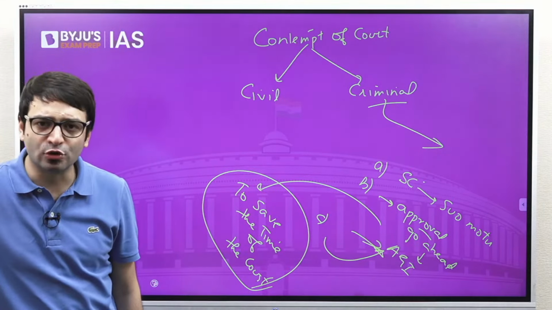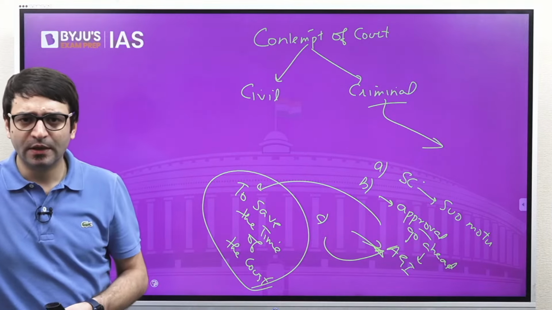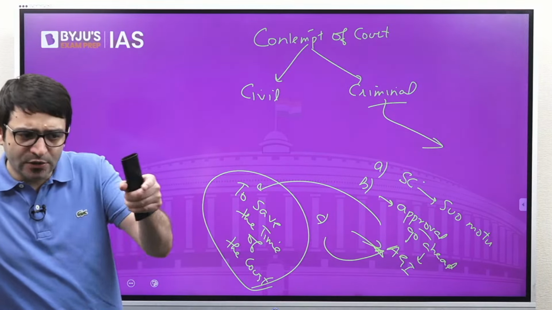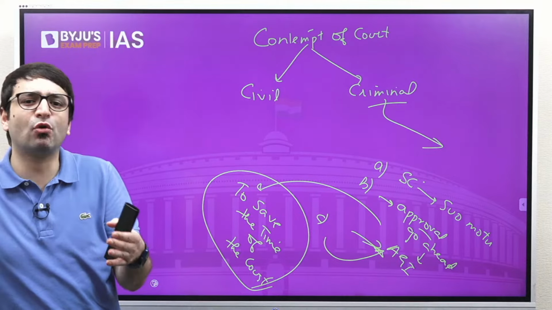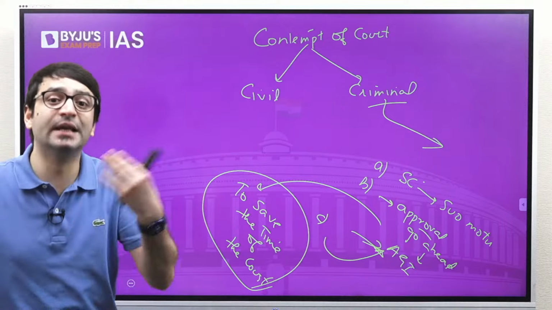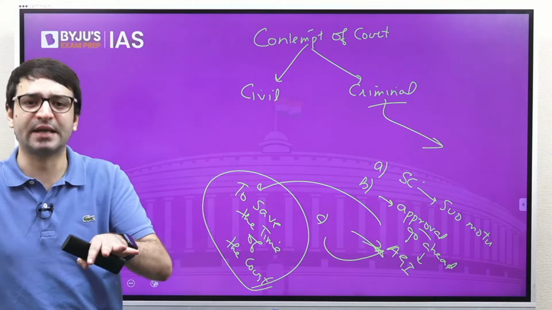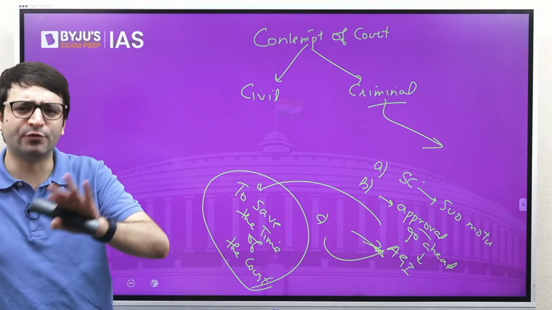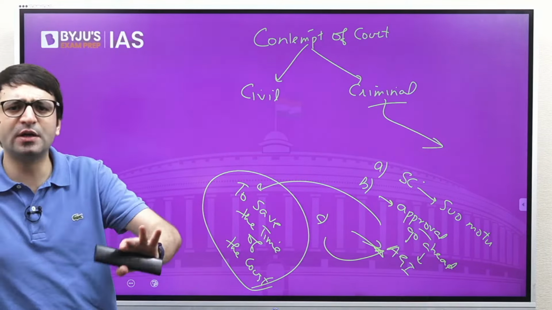Why? Because this saves a lot of time of the Supreme Court. Once we get the approval, we get the go-ahead from Attorney General, that means the court is now satisfied that yes, this particular case does involve an element of contempt, so we will hear this case. Just to save the time of the court, Attorney General is given this responsibility. Clear? Let's look at another question.